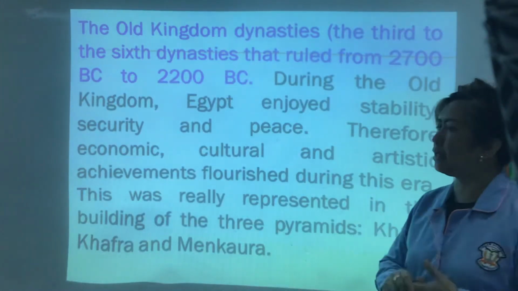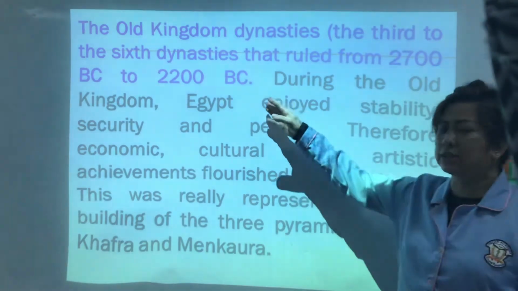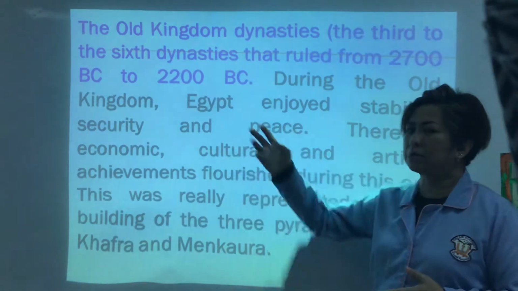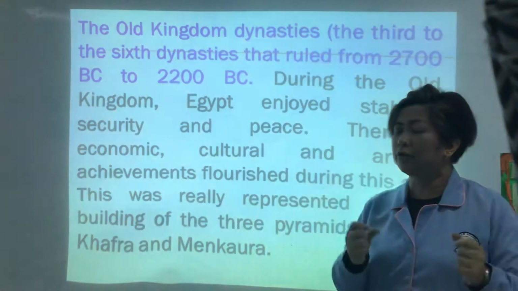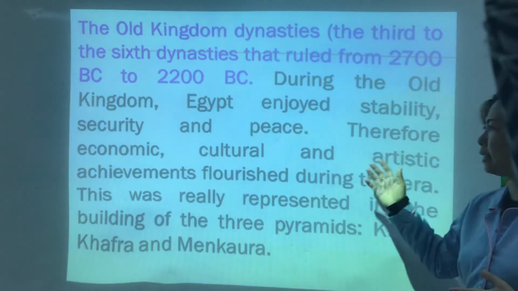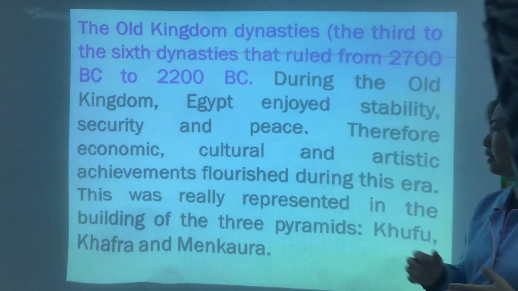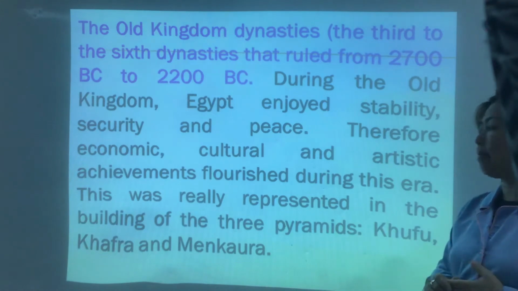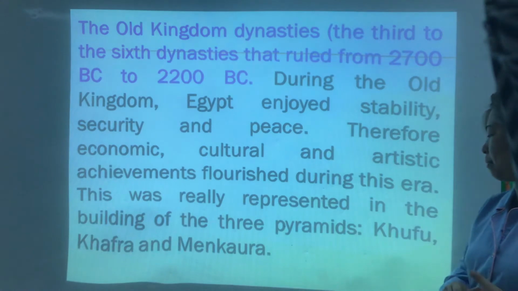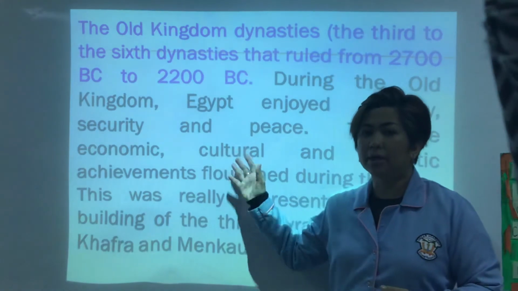The Old Kingdom dynasties, the third to the sixth dynasties, ruled from 2700 BC to 2200 BC, after the first dynasty. During the Old Kingdom, Egypt enjoyed stability, security, and peace. Therefore, economic, cultural, and artistic achievements flourished during this era. This was really presented in the building of the three pyramids, Khufu, Khafra, and Menkaure.